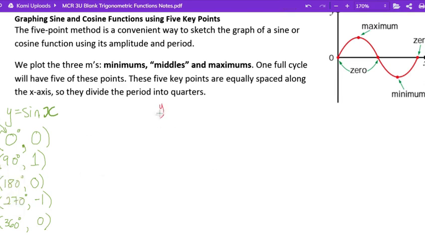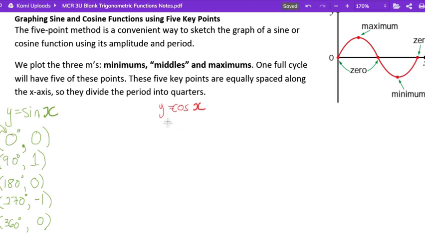Now we know that the cosine curve is very similar, except that there is a horizontal translation, which we have now called a phase shift of 90 degrees.